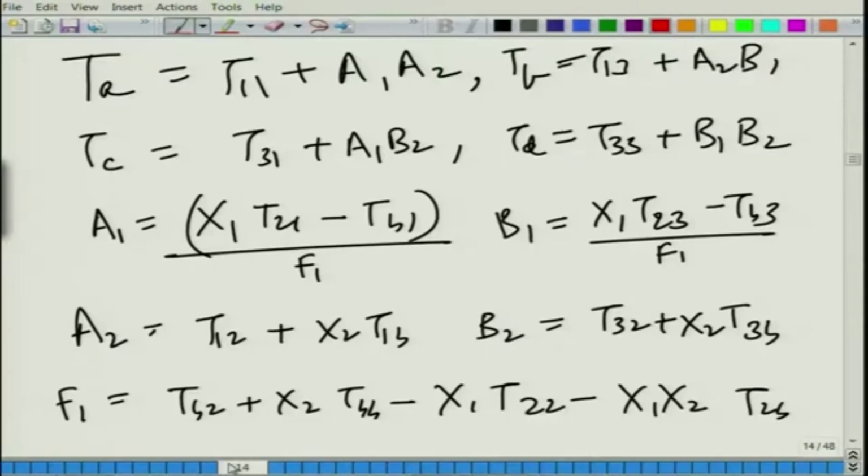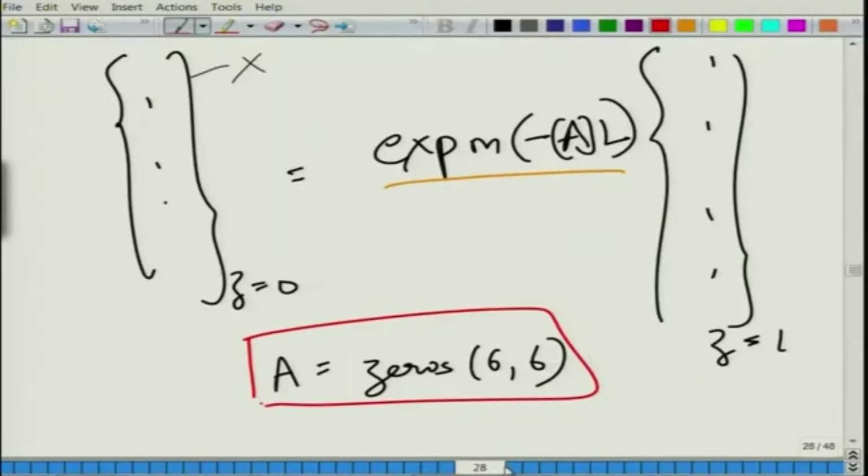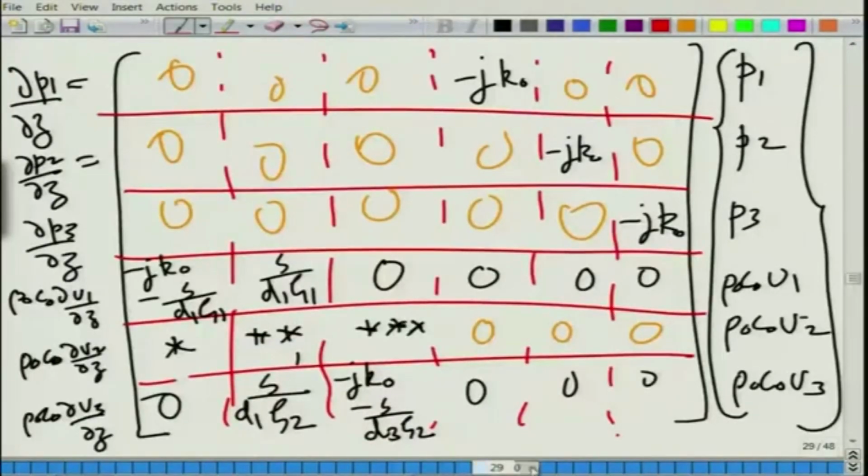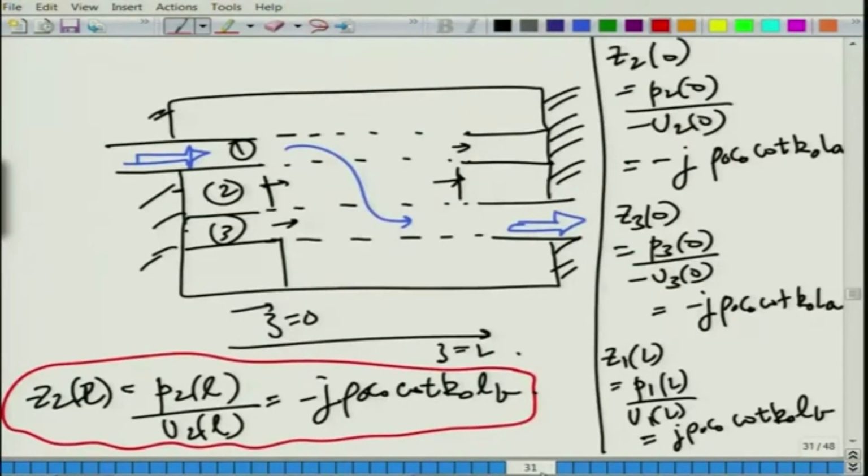So imagine the thing for a 4x4 system. We must ask ourselves, what exactly are we looking for? We are looking for a relation between the state variables, that is P1 and rho naught c naught U1 at z equal to 0, and P3 and rho naught c naught U3 at z equal to L.